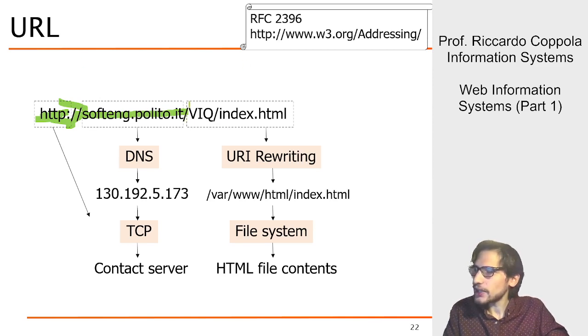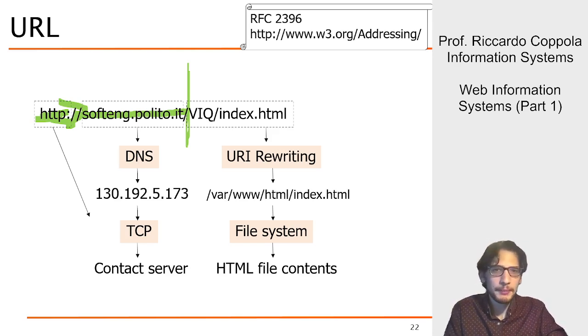Then I have another slash, and after the server name, I have my resource. The resource can be anything. It can be an HTML file, it can be an image, it can be whatever type of file that you can request to a server.